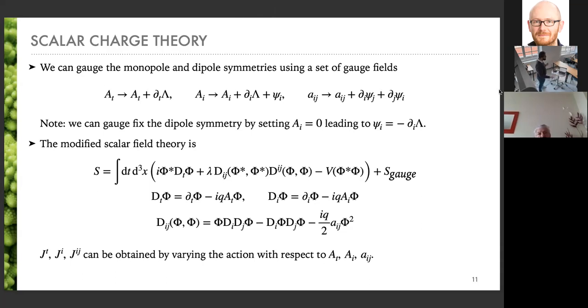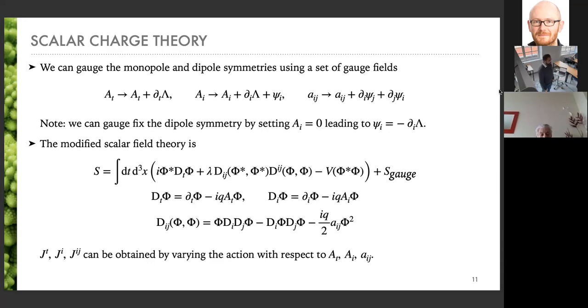Once you have gauged, this is almost like translations and rotations: once you promote translations into local symmetries, there's no way to distinguish them from rotations. It's almost the same kind of picture happening here. Then the dipole transformation will only really act through the gauge field. So lambda goes to a constant. But psi will go to 0. So very important.